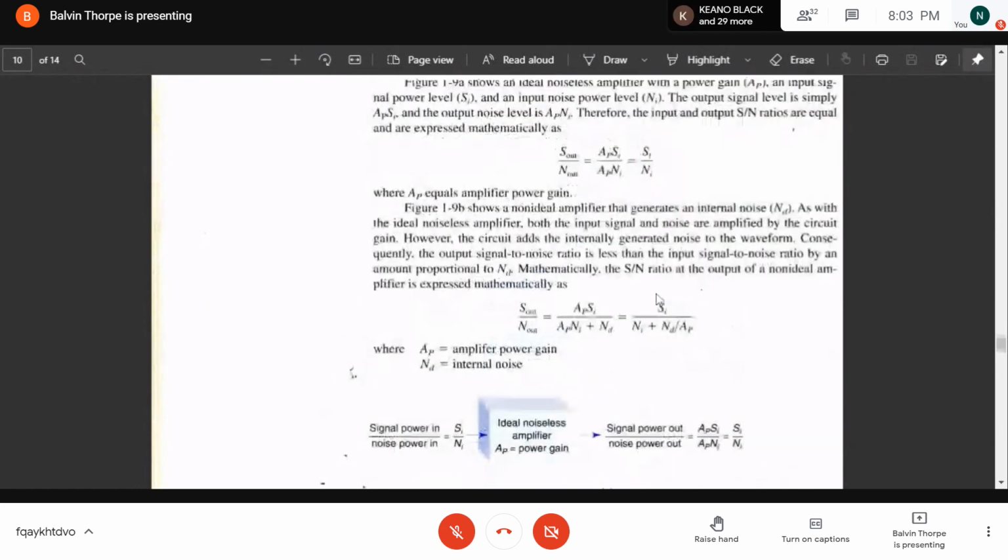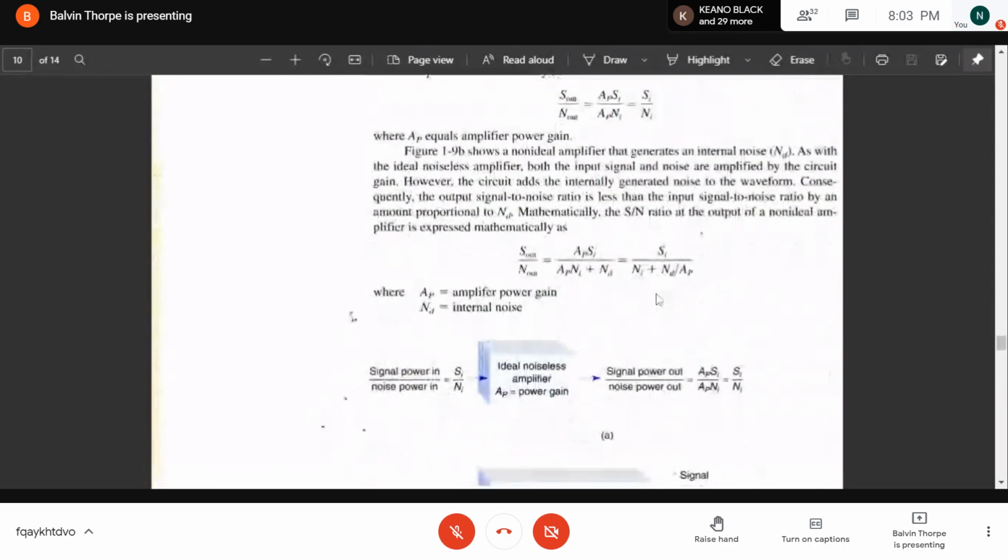Now, a typical example, or even before I go there, one of the things that usually happens is at the input of a system, we know we can calculate the noise power given KTB, if you remember from last time, KTB, right?